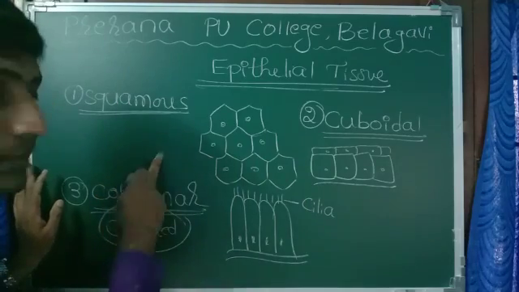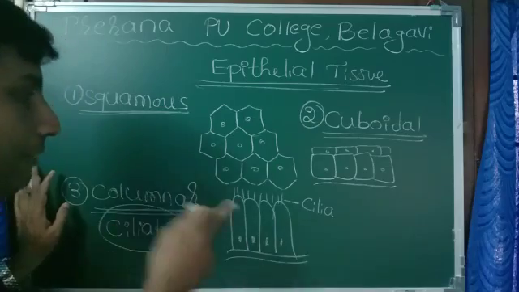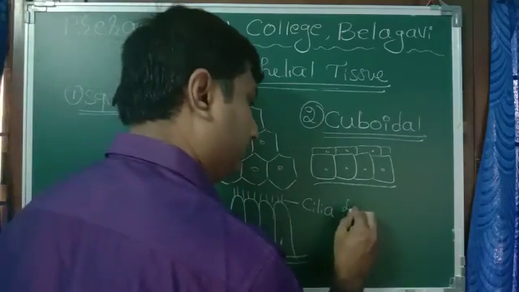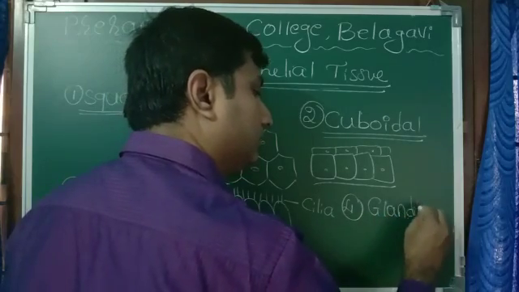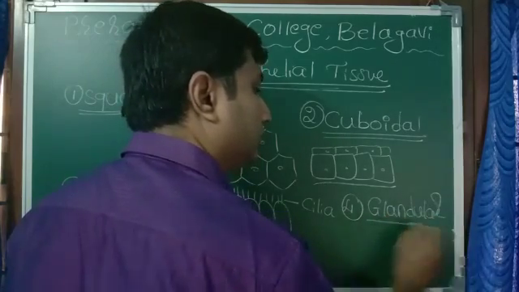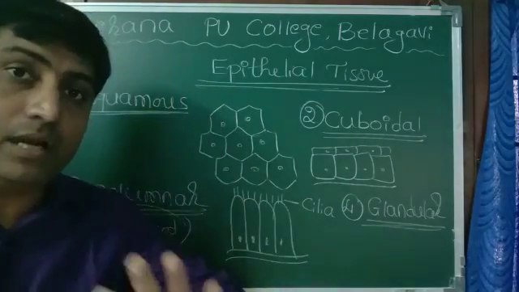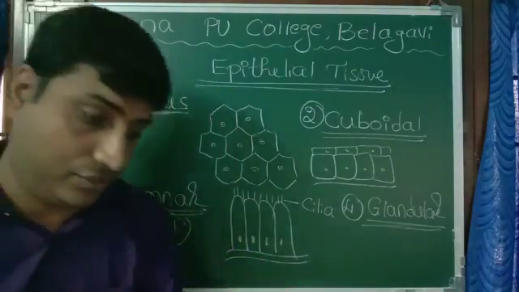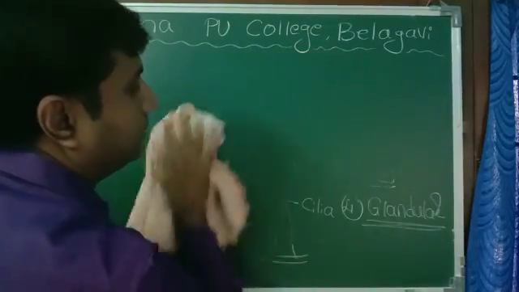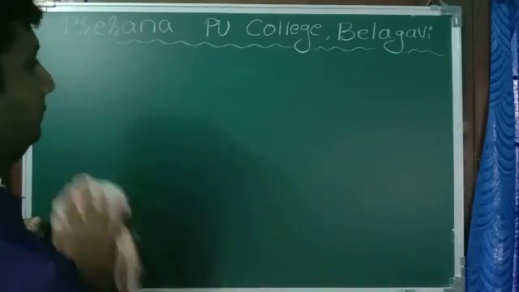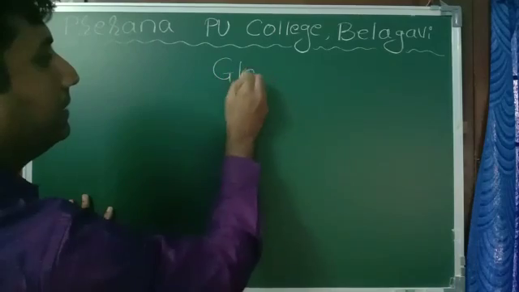Squamous epithelium, cuboidal epithelium, columnar epithelium, and fourth one, glandular epithelium. Glandular epithelium means epithelial tissue modified to form glands.